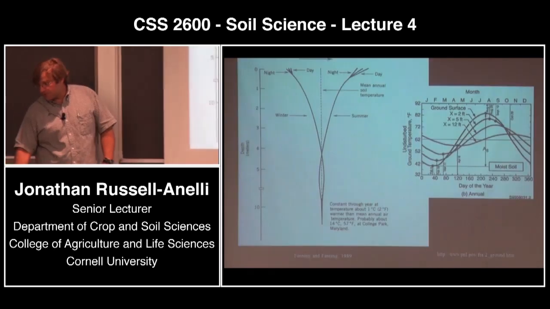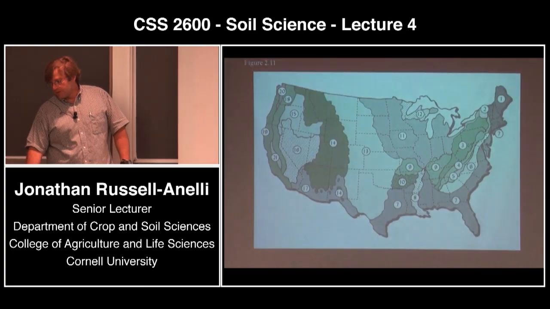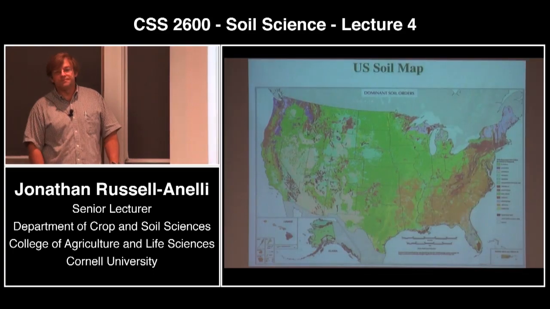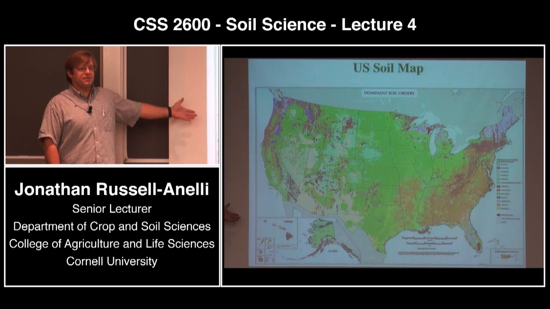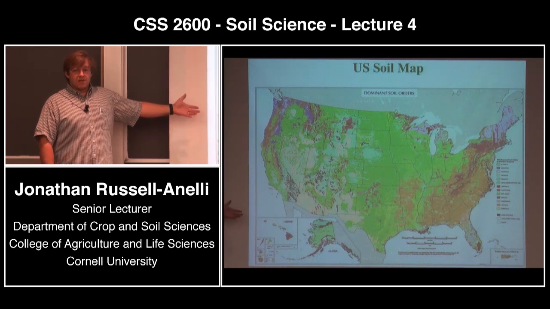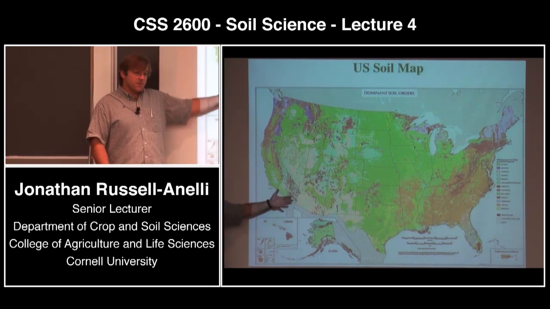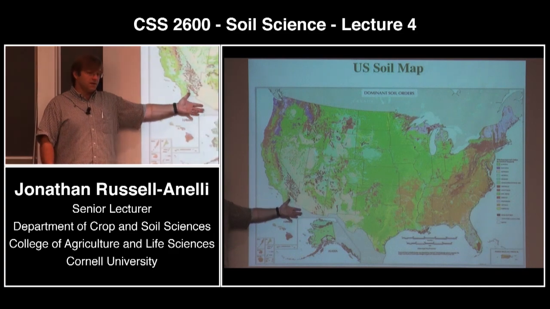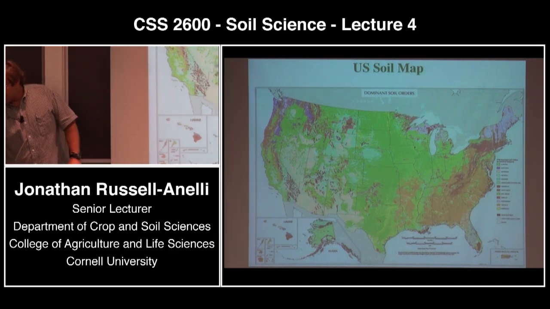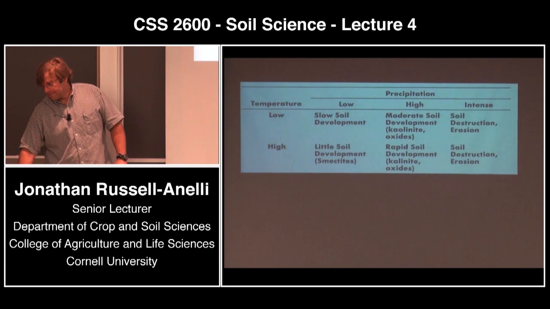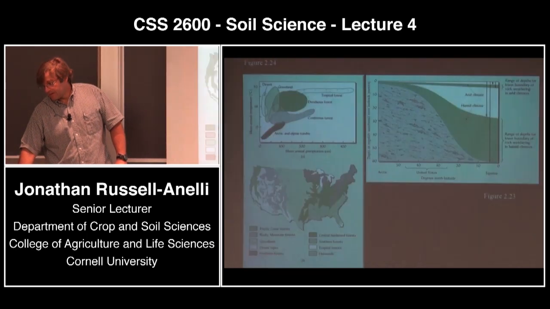This is not that much different than the map that we started with, way back at the beginning. Did that look that much different? Not really. That was an overlay of parent material, climate, and biota. This is just climate.